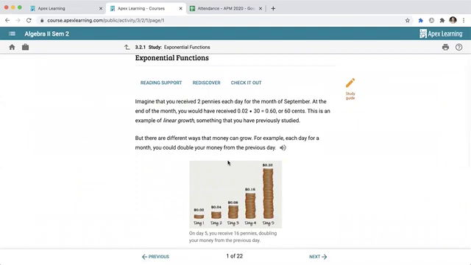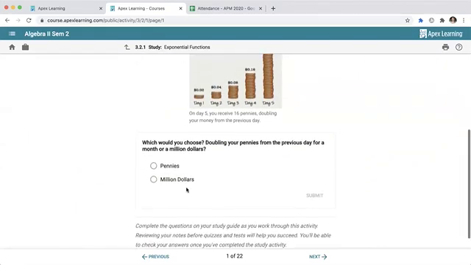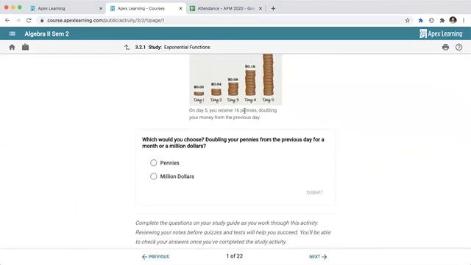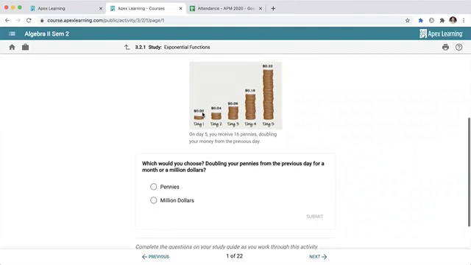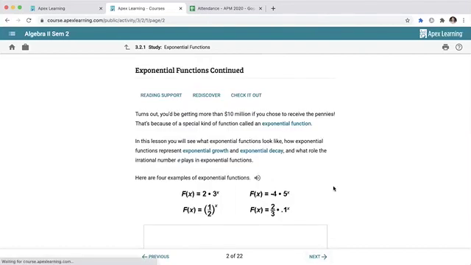But what you'd want to do is double your pennies for a month, and you might not believe me, but all of a sudden it's going to get really, really large, ending up being over $1 million. That's just the beauty of this exponential growth function. It turns out you'd have $10 million if you chose to receive the pennies.